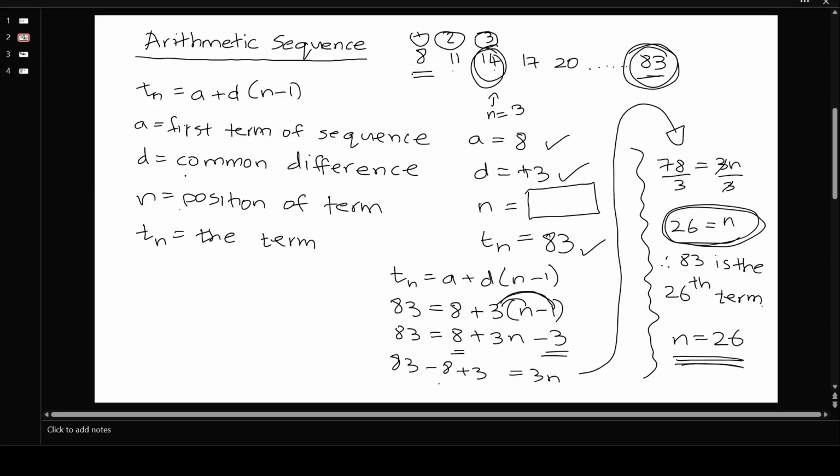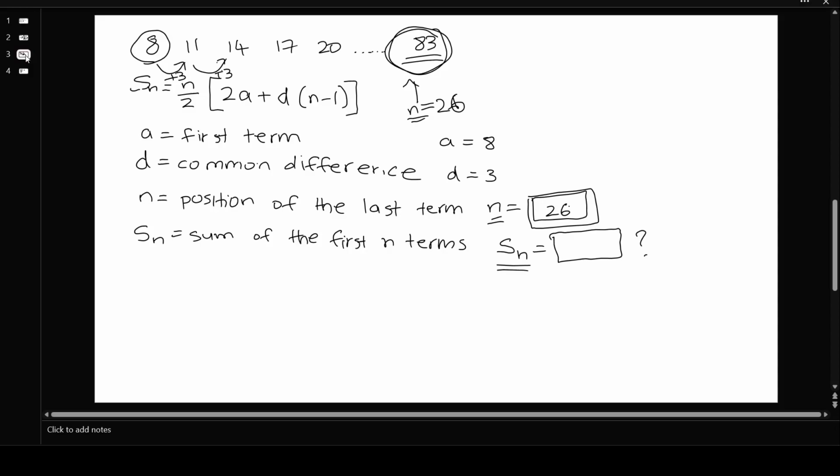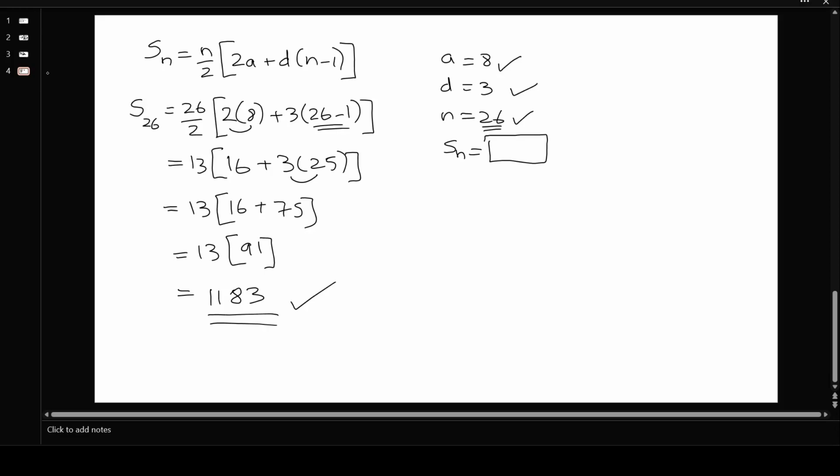Now that we know there are 26 terms in this series, we plugged it into the arithmetic series formula. We plugged in all the numbers that we knew, the 8, the 3, and the 26. Then we put this all in our calculator, did the math, and figured out that the sum of this series is 1,183. And that's how you find the sum of a series when you're not told how many terms there are in the series.